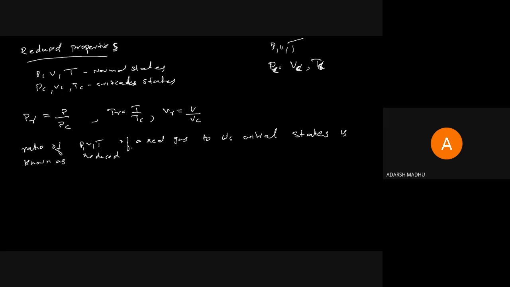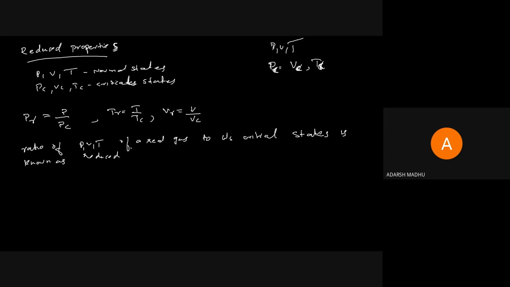For every substance the critical state values are given in your textbook, and the virial expansion coefficient values are also given there. I will give the particular table as a PDF in your invoice.